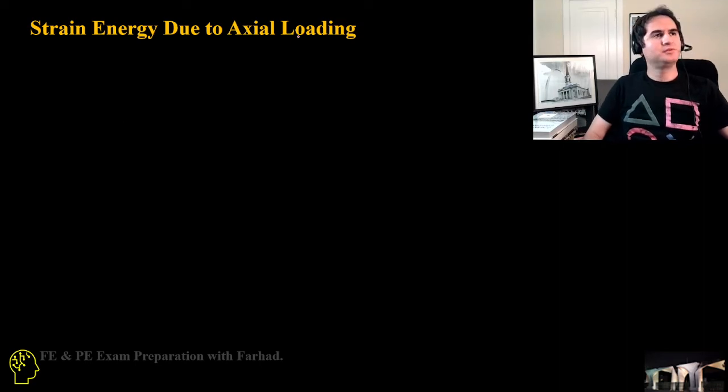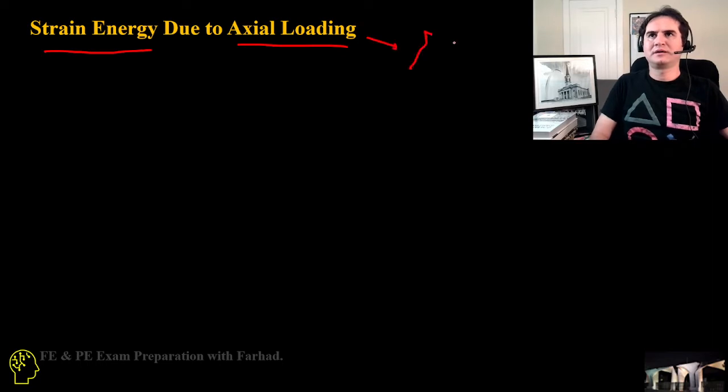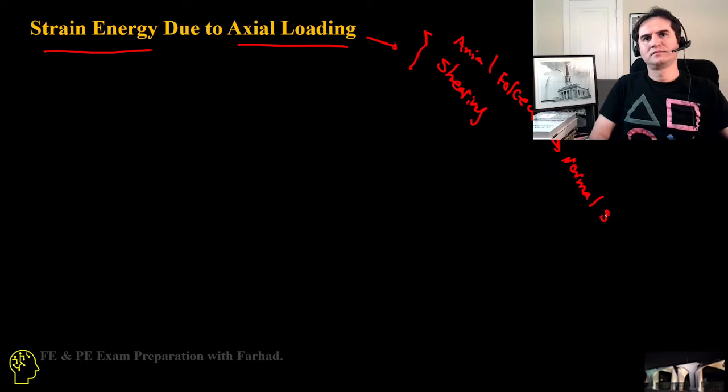We want to derive strain energy due to different loading, like axial force, which ends up in normal stress. That's U sigma.